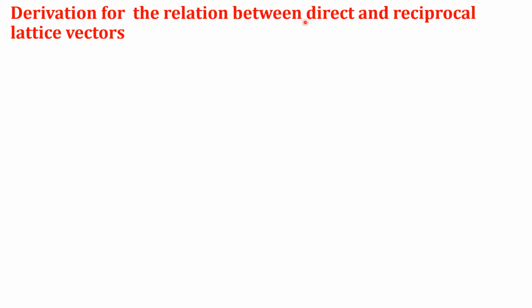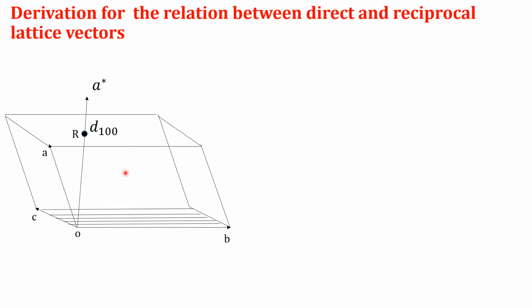Now we derive the relation between direct and reciprocal lattice vectors. For deriving that relation, firstly we find the relation between the normal to the plane and the crystallographic axes A, B, C. For that purpose, we consider a primitive unit cell.